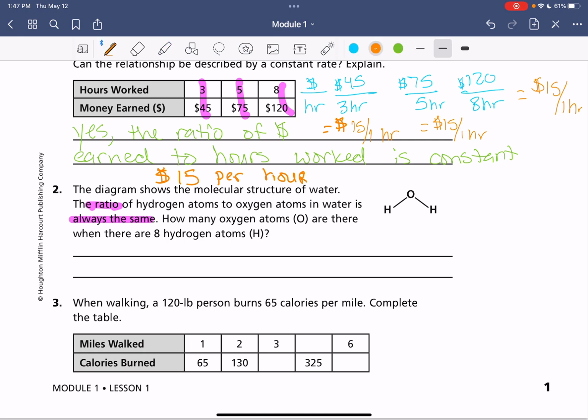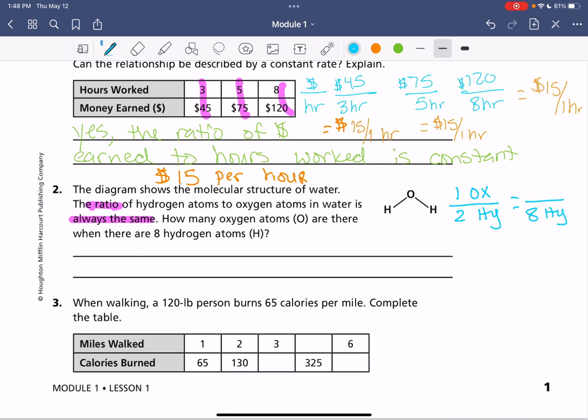So we're writing out our ratio here, write out what we know. We have 1 oxygen atom for every 2 hydrogen atoms. And we're trying to figure out how many oxygen atoms there are when we have 8 hydrogen.